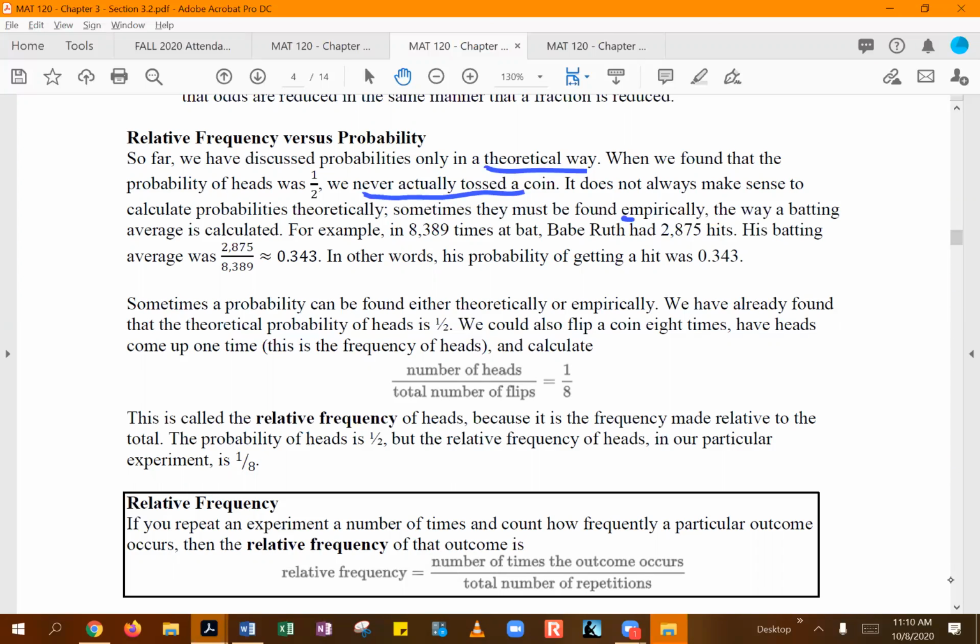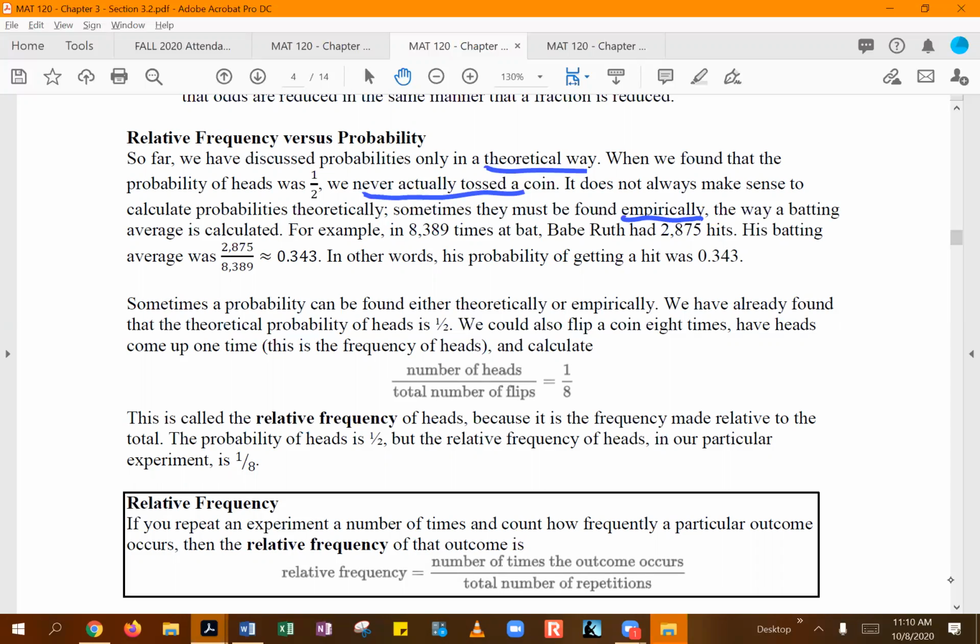So they're saying it does not always make sense to calculate probabilities theoretically. Sometimes it has to be found empirically, which basically means you have to find it by actually doing the experiments and seeing what kind of probability you will end up getting. They're saying the way a batting average is calculated.